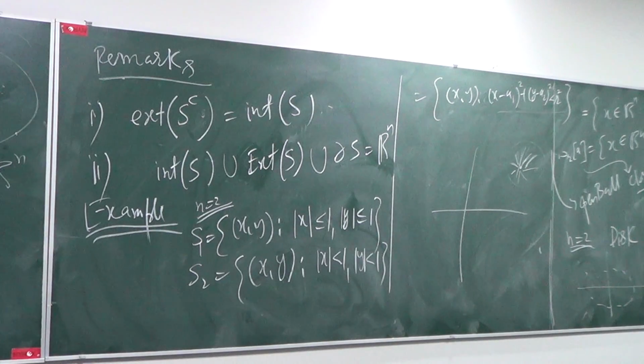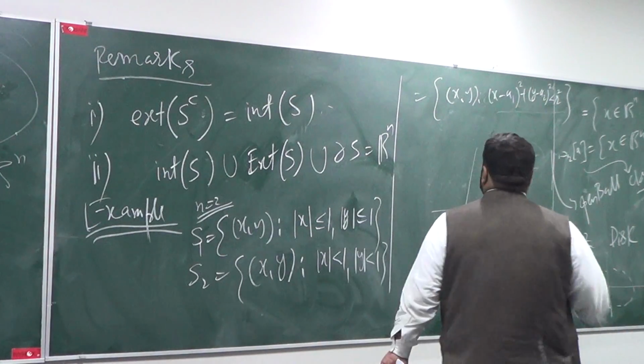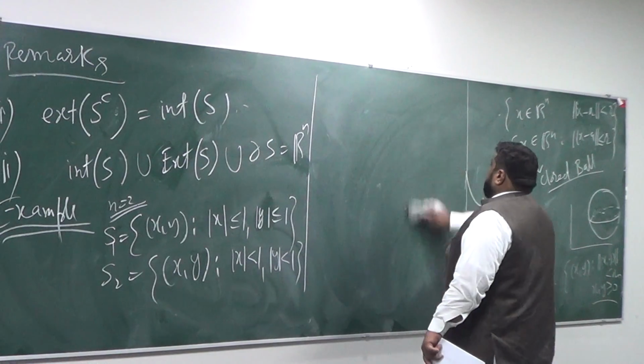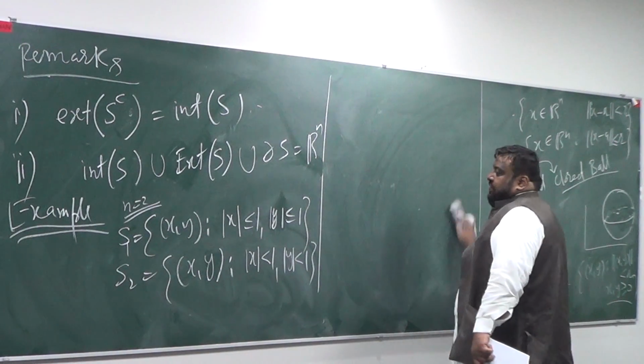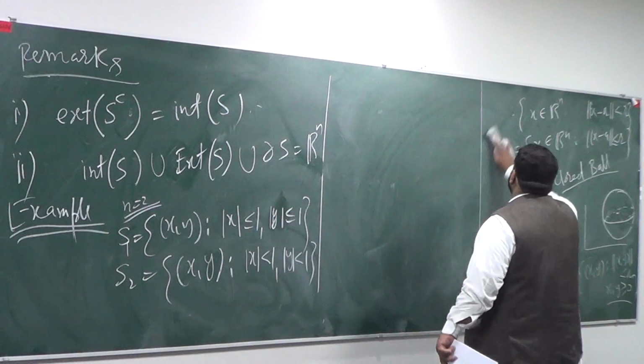So let's try to make a picture of the first set. How is the first set going to look? In other words, if you want to plot this, how do you plot the inequality?